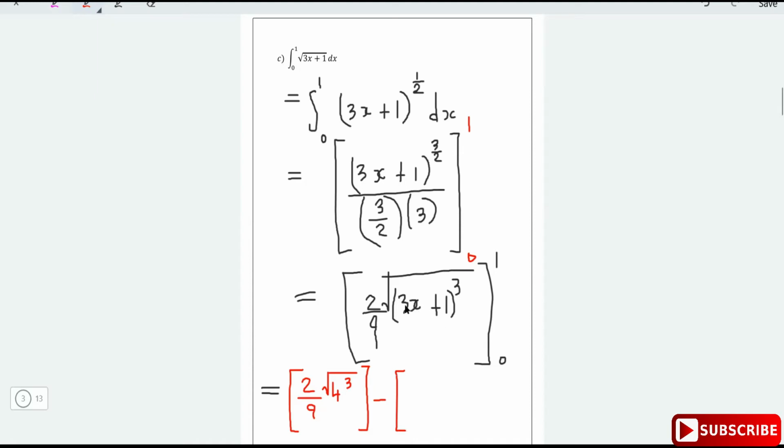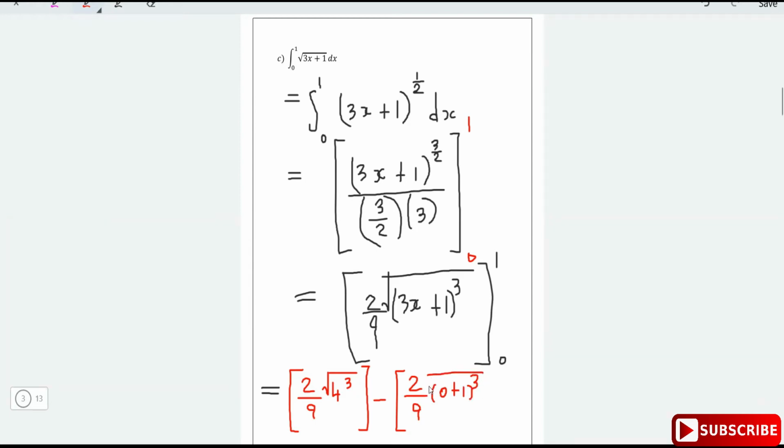Now we get 3 times 0 plus 1, 1 cubed. So this is going to be 2 over 9 times 0 plus 1 cubed, and then we square root that.